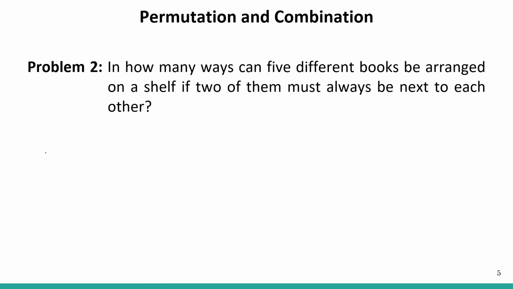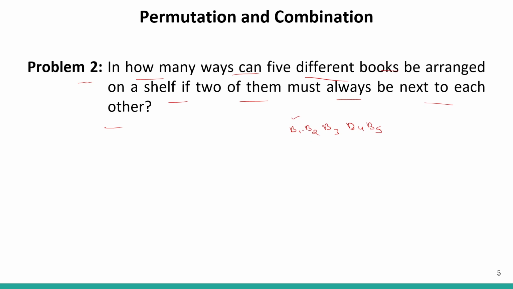Let's go forward to the second question. In how many ways can 5 different books be arranged on a shelf if 2 of them must always be next to each other? We have 5 different books, clearly distinct. Let's call them B1, B2, B3, B4, B5.